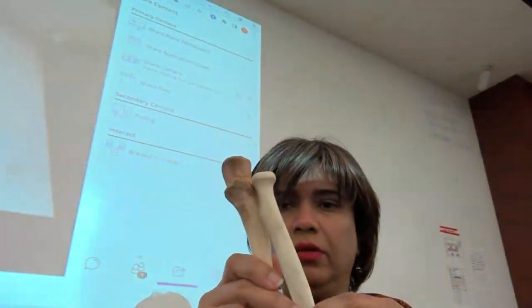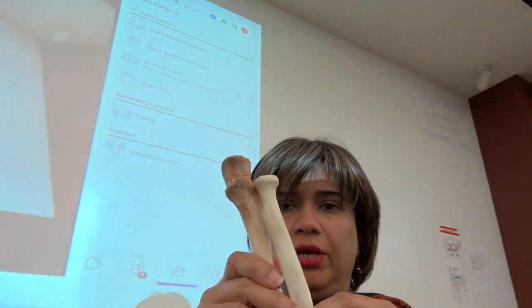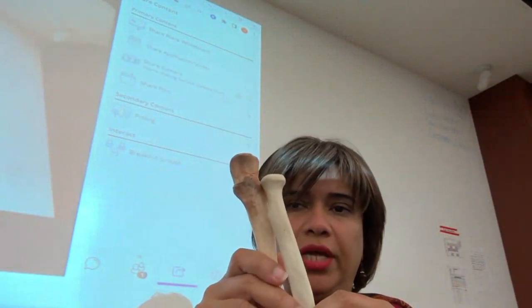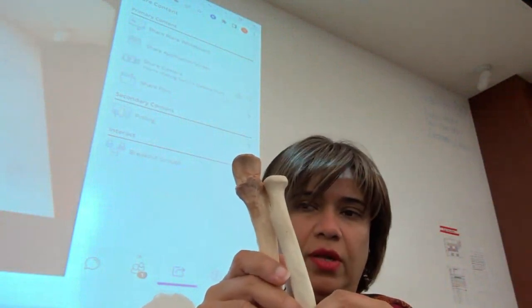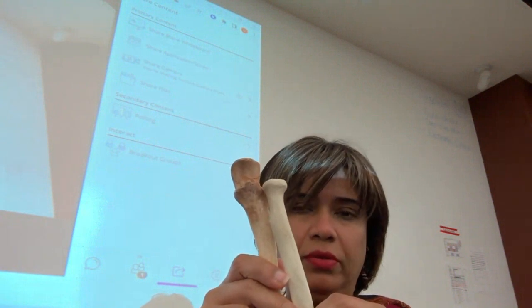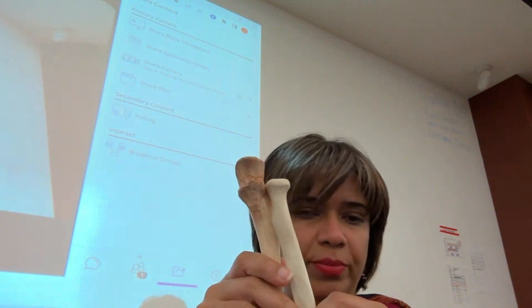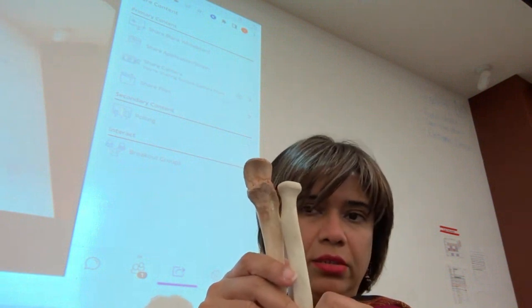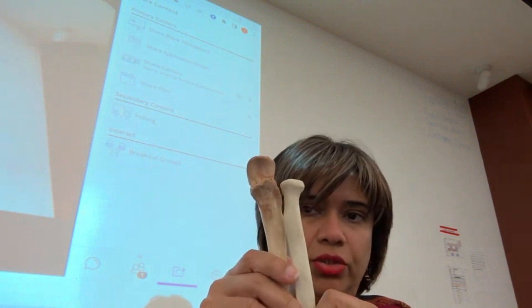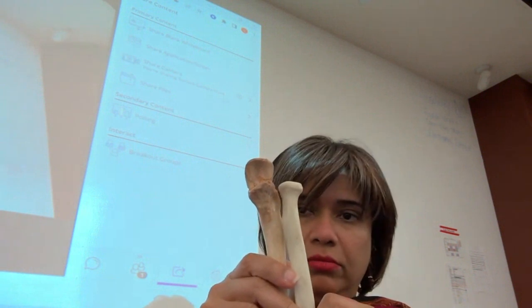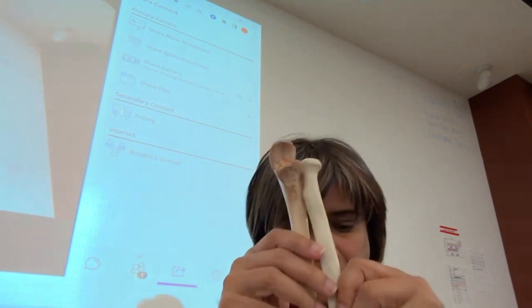Now keep in mind, since this is a video, the image is flipped. Okay, so it is a virtual image you are looking at. It should be the other side, but anyhow, okay.